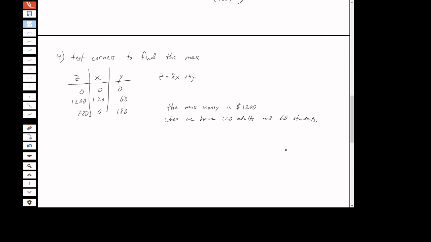Okay, and that's how we go through one of these 7.5 problems.